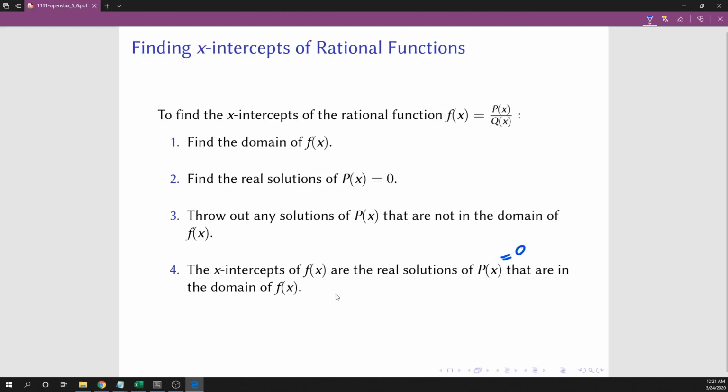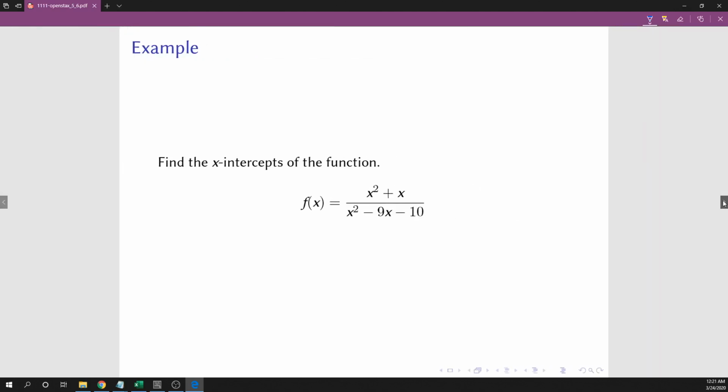So all real solutions of this equation except ones that are not in the domain to begin with. All right, let's take a look at how we would do that. It says find the x-intercepts of the function. So number 1, we'll need to find the domain of this and be aware of what the domain is.